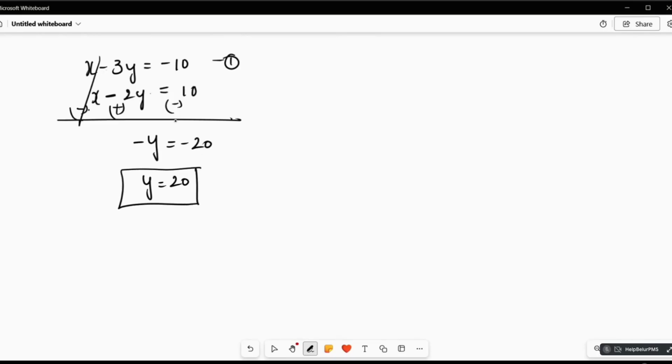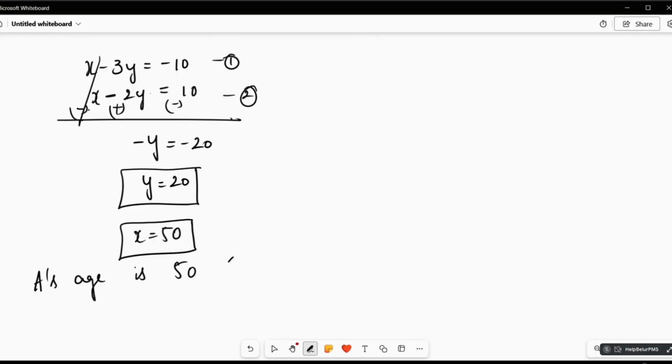And substitute the y value in any of the equations, you will get x is equal to 50. So A's age is 50 and B's age is 20. And after calculation, write the conclusion.